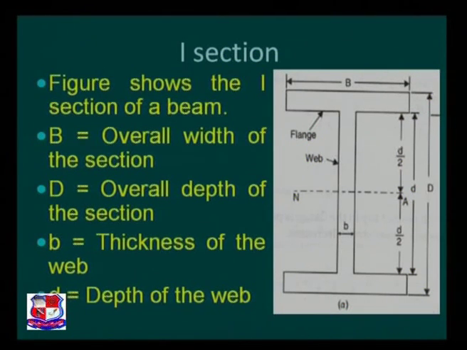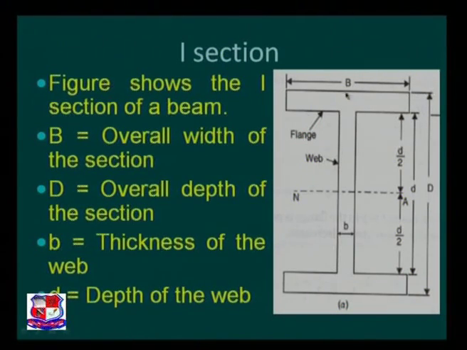Now, with this, let us proceed further with the next section, that is the I section, and the intention is how the shear stress varies along the depth of a section. Refer to the figure carefully. Given I section having two flanges, top flange and bottom flange.